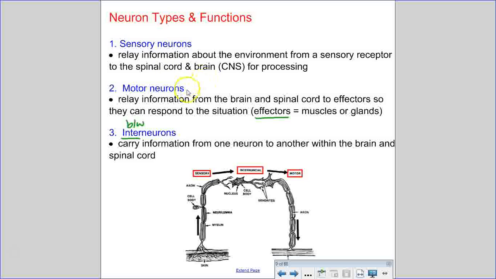Okay, the motor neurons, the word motor tends to mean movement, brings about movement. It doesn't always, it depends what it's carrying the message to, but these neurons relay information from the brain and spinal cord, from the CNS, to what we call effectors, so that they can respond to the situation. Now, effectors are usually muscles or glands.